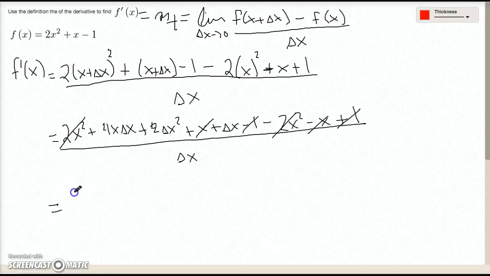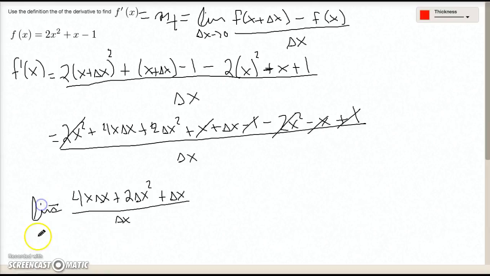Let's say what's left here is 4x delta x plus 2 delta x squared plus delta x all over delta x.